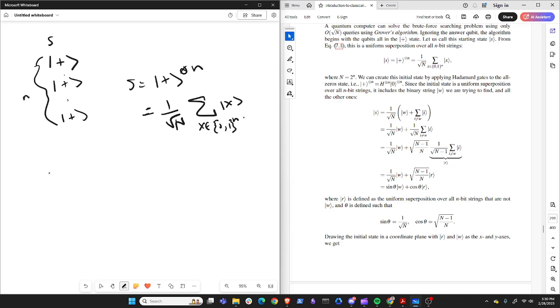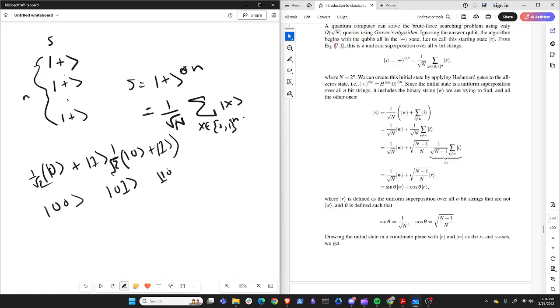For example, if we put together two pluses, we get an equal superposition of 0 0, 0 1, 1 0, and 1 1, all with 1/2 amplitudes and 1/4 probability.